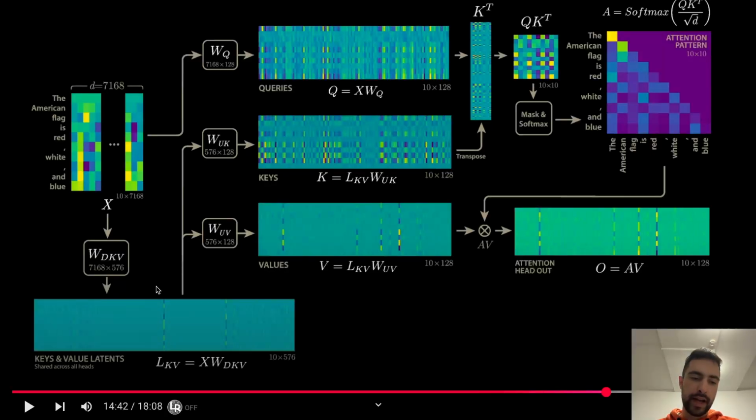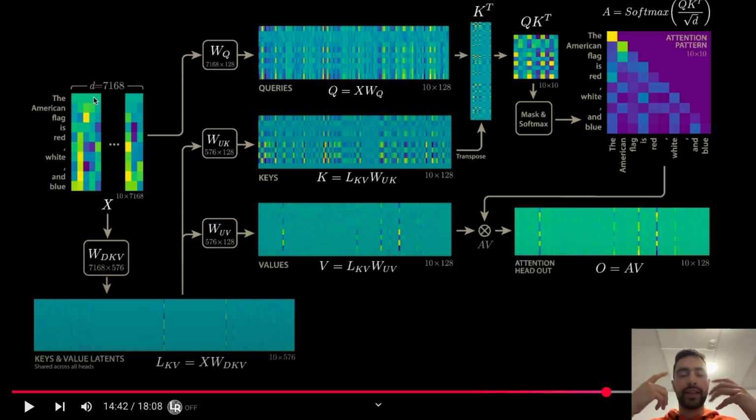So again, we look at this latent matrix. Each of these rows, the first row corresponds to the first token. And the first row holds information that shows how to create key and value for this token. And it's a lot smaller. It only has 576 numbers, while this token has 7,000 numbers.